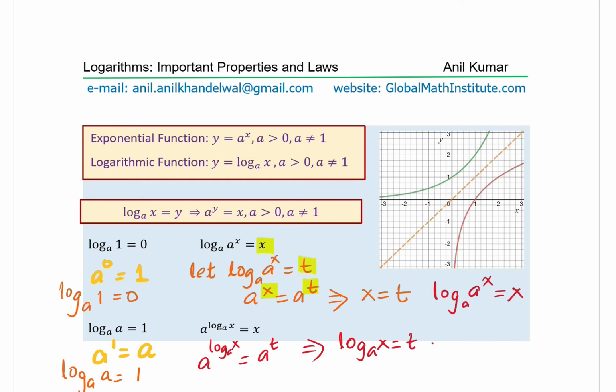And that gives you clearly that x is equal to a to the power of t. And so we have once again shown that x and a to the power of t are one and the same thing. And therefore, we have shown the proof of a to the power of log to the base a of x is equal to x. Correct? So that is how we could actually prove it.